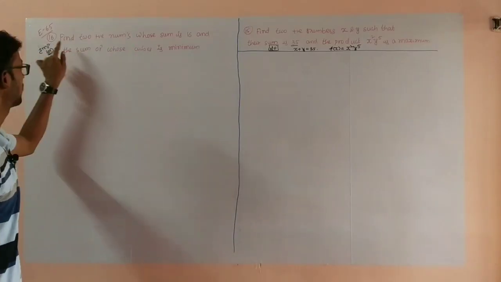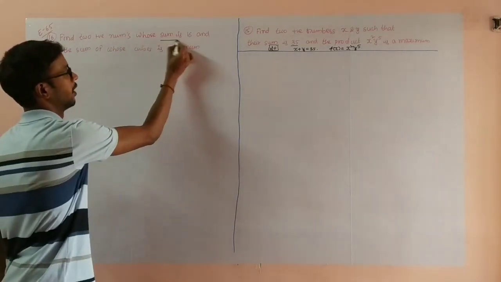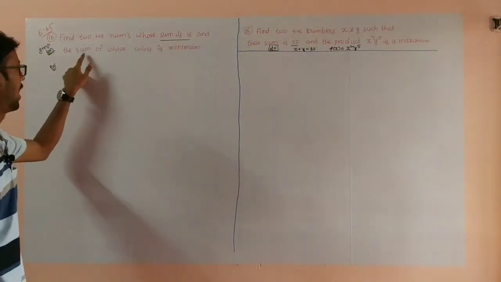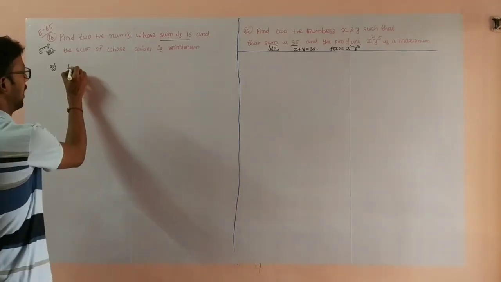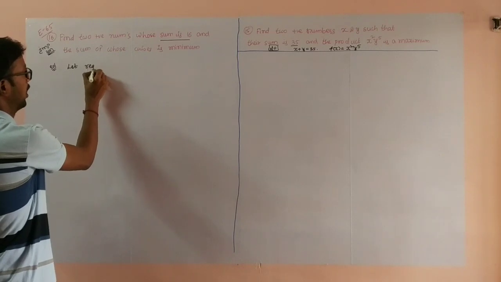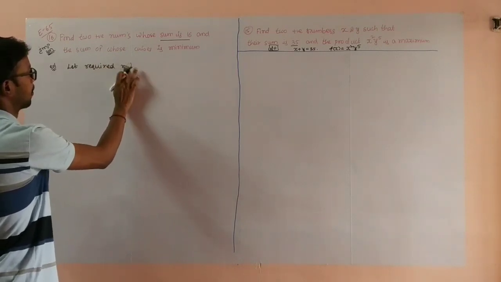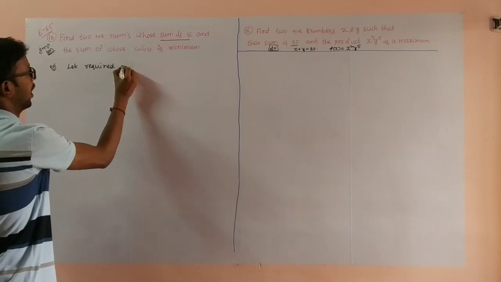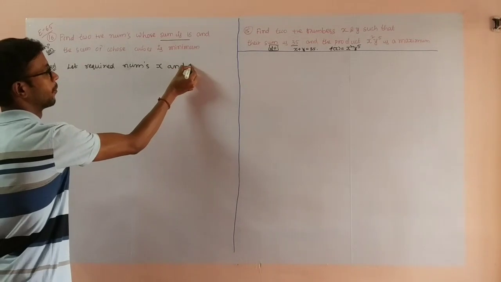Next, problem number 16. Find the two positive numbers whose sum is 16 and the sum of whose cubes is minimum. So first of all, let the required numbers be x and y.